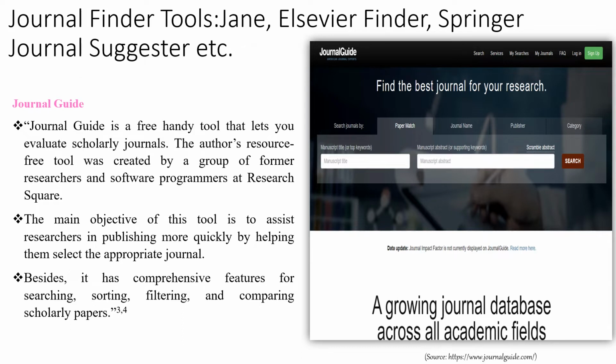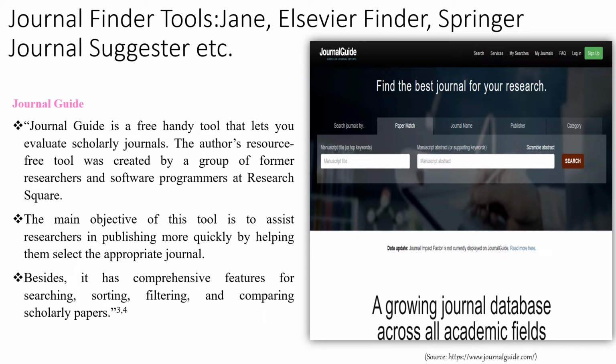Next is the Journal Guide. Journal Guide is a free, handy tool that lets you evaluate scholarly journals. This author's resource, a free tool, was created by a group of former researchers and software programmers.